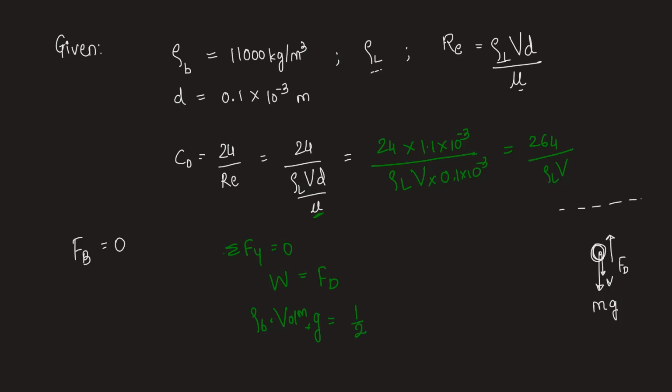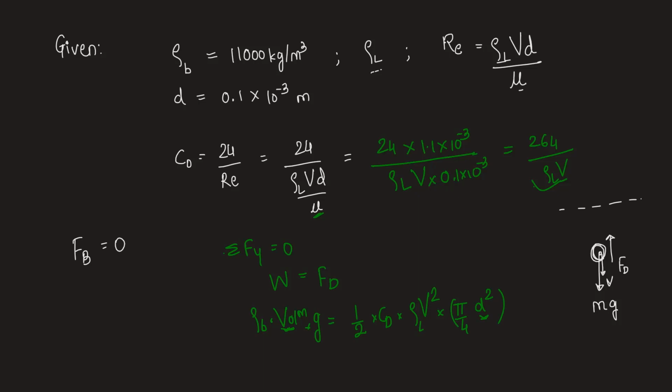Also we know the standard formula, that is half into CD into rho V square. This rho here is rho L, into cross sectional area, that is pi by 4 d square. So we can substitute what we know. We know CD here, we know D here, and we also can calculate the volume of the spherical bead. We know rho B also.